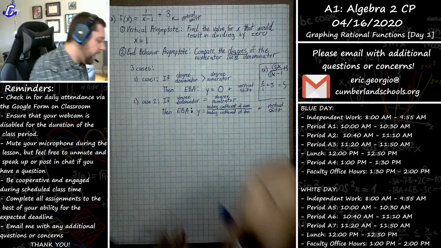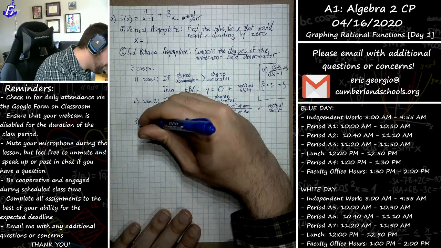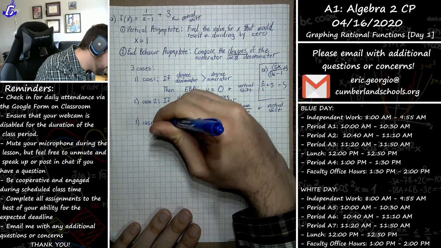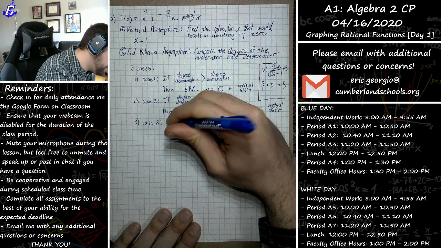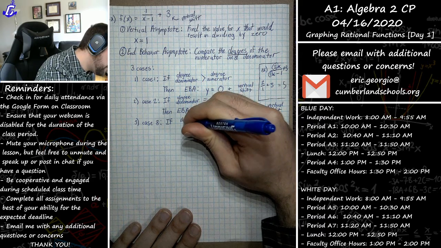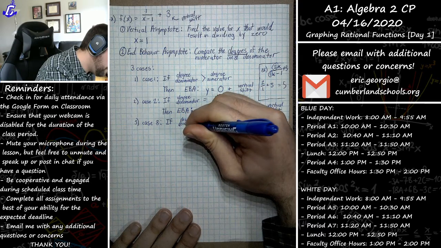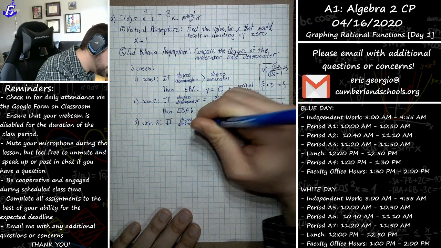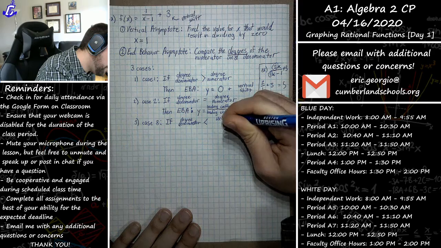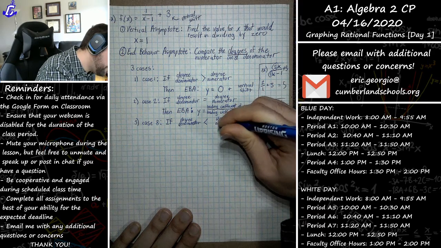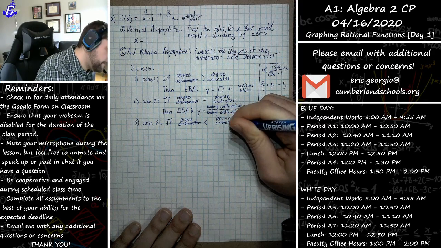Okie doke. And lastly, we have case 3. What if the degree of the denominator is smaller? Right? What if the top is bigger? Okay.